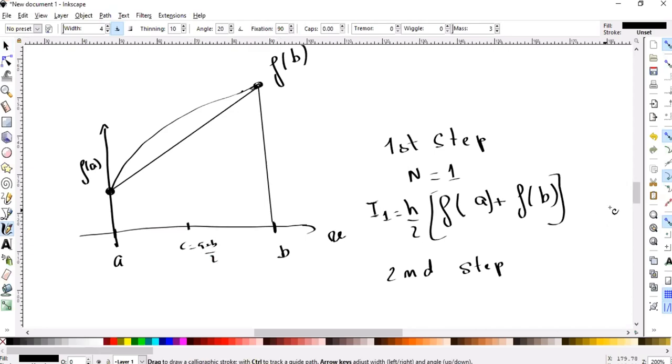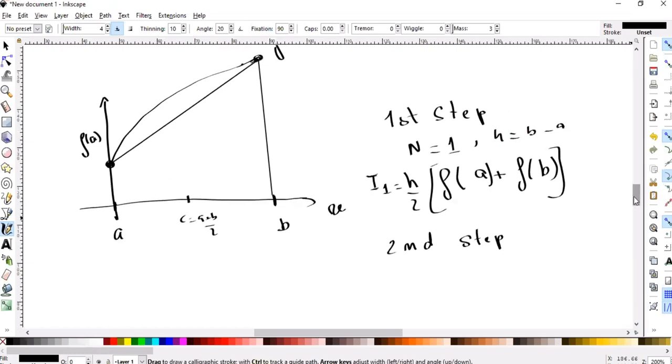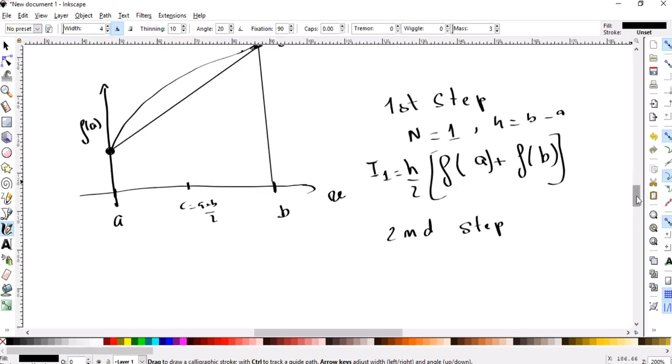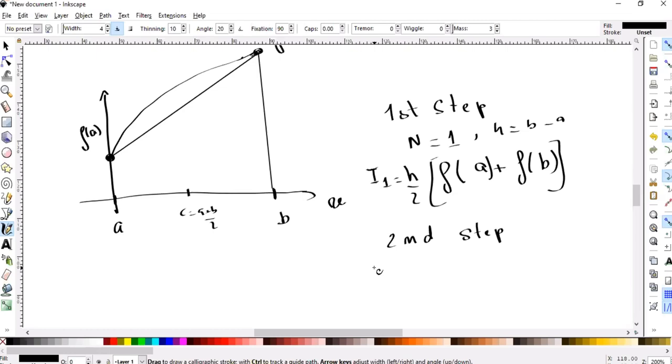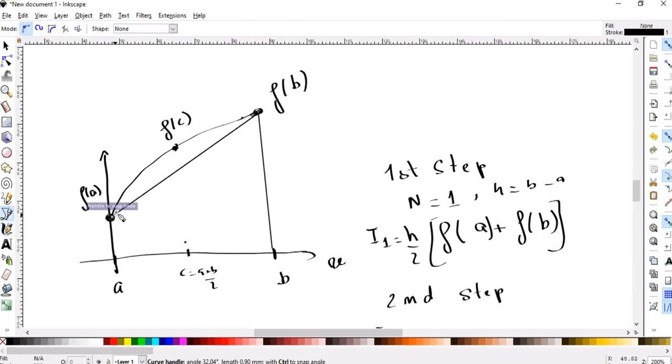In the first step, H was B minus A, and I1 was H over 2 times the sum of f of A and f of B. At the second step, I get now f of C, and my integral becomes this trapezoid plus this one here.